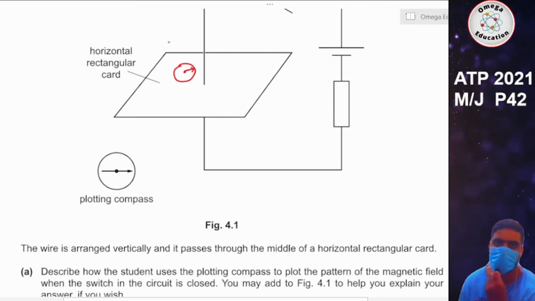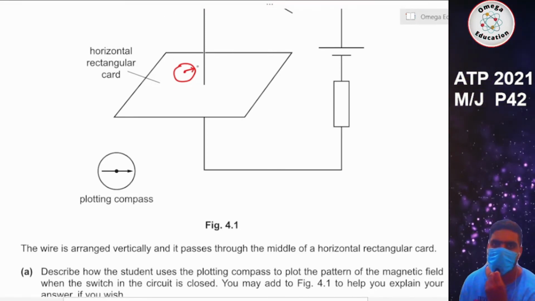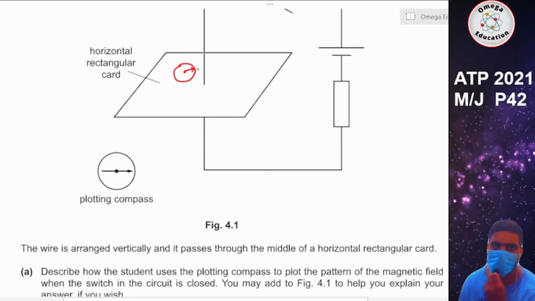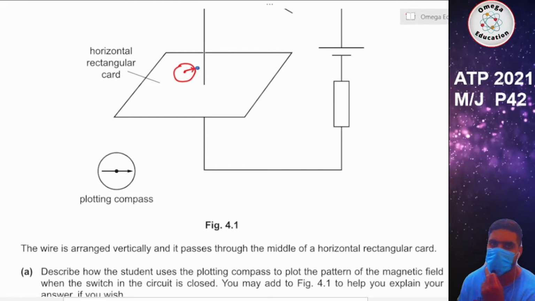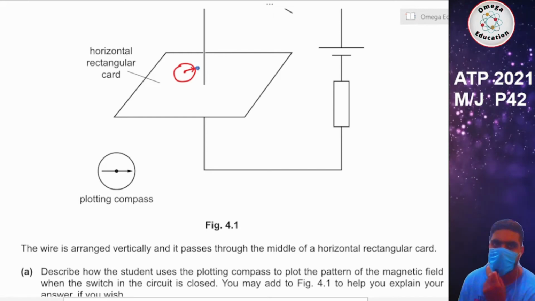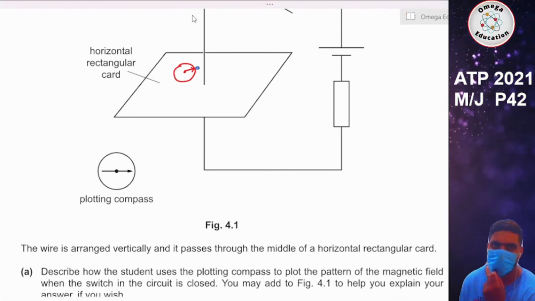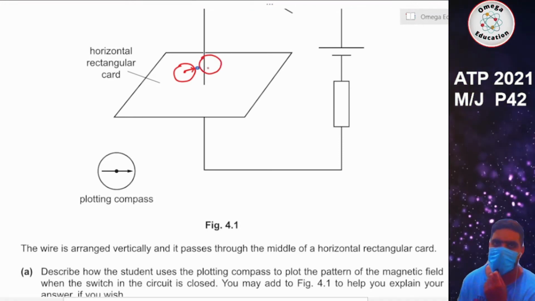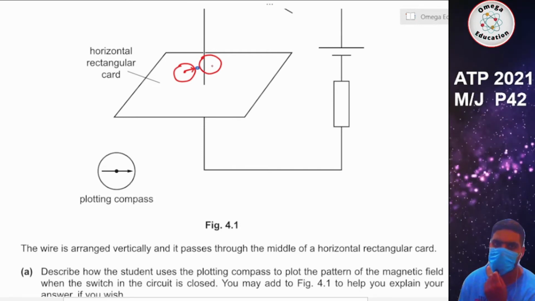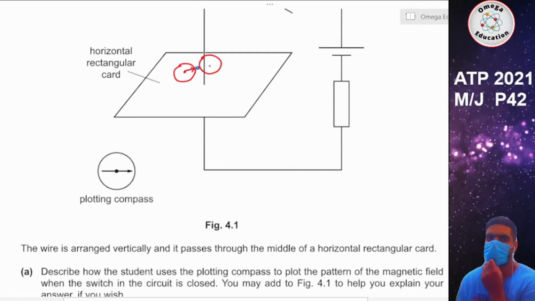Let's say over here. So the point where the needle of the compass points, we draw a dot there with a lead pencil, okay? Then we place the very same compass on the dot and find the new position of the needle.